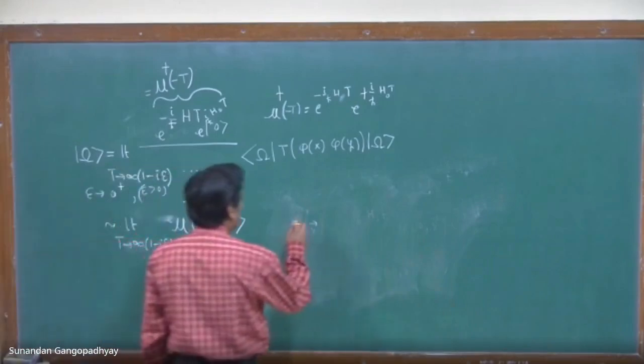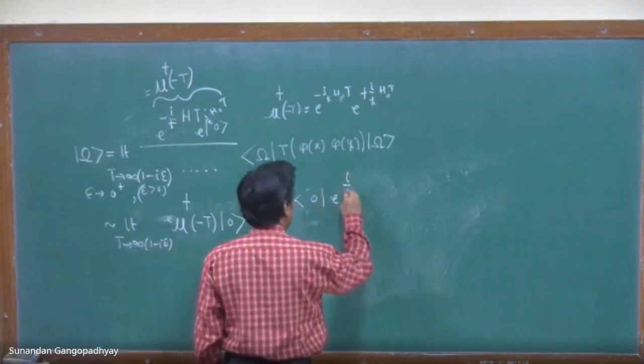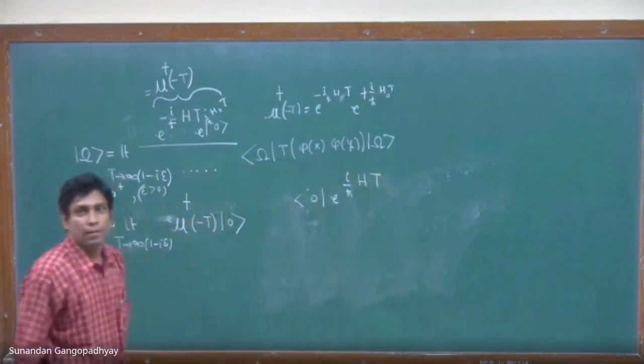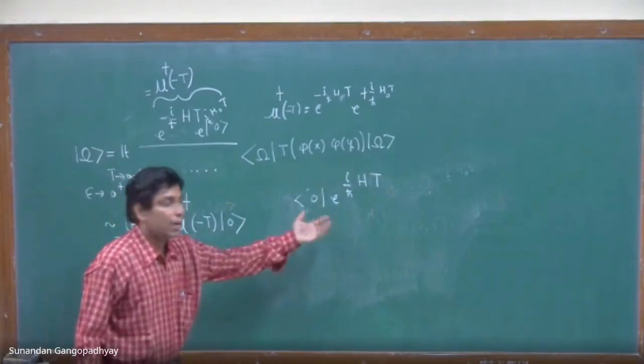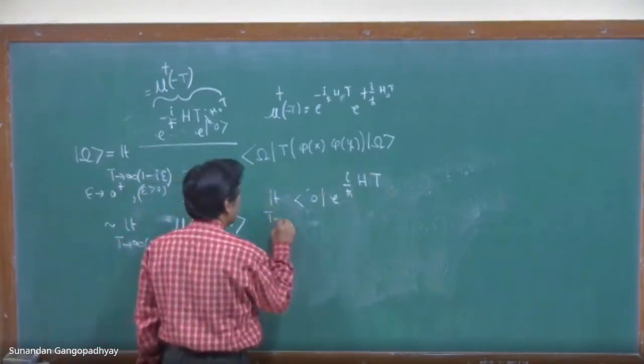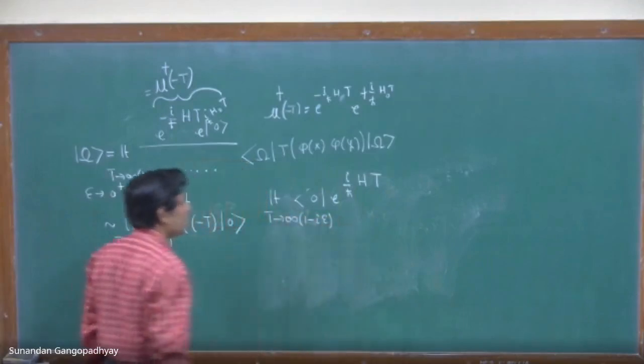You can start similarly from the bra. You take the dual, the bra 0, and you take limit t going to infinity into 1 minus i epsilon. You can do the same thing here.